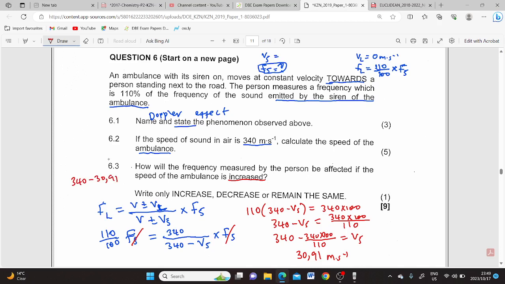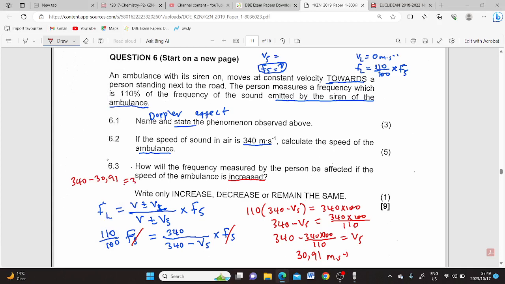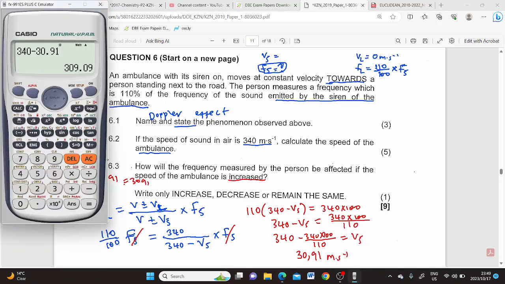If we use our calculator, 340 minus 30.91, we had 309.09.